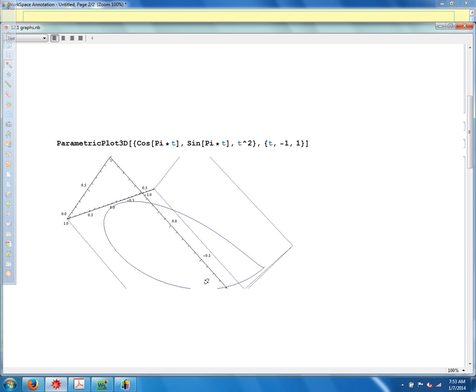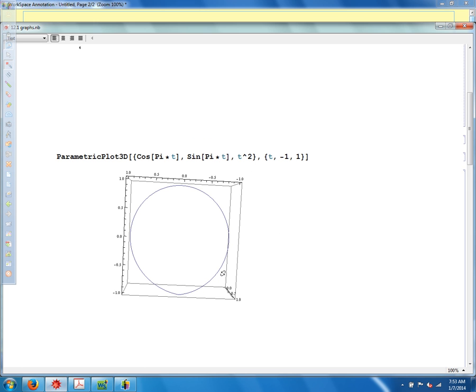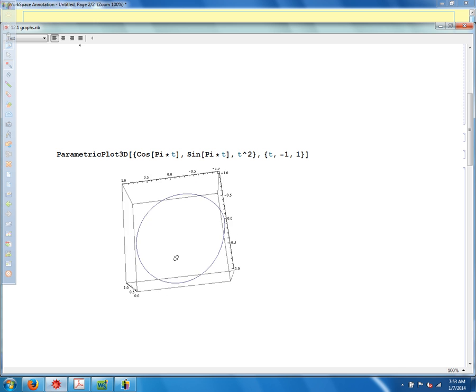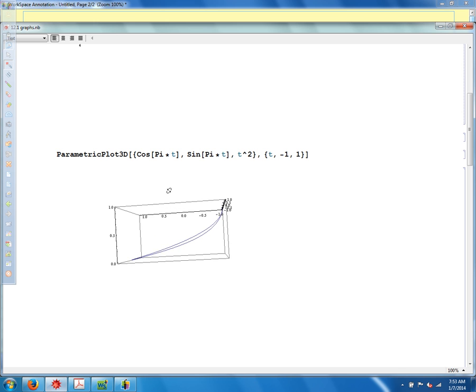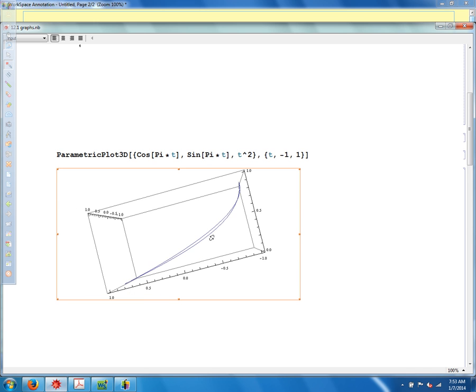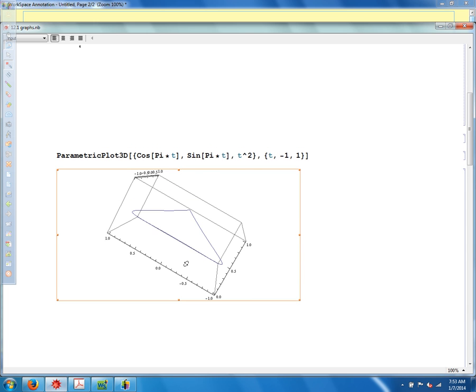If we look at it from above, there's our circle in the xy plane, and then we get this kind of interesting quadratic thing happening in the xz plane, and then if we look at it this way, kind of a nice little shape there.